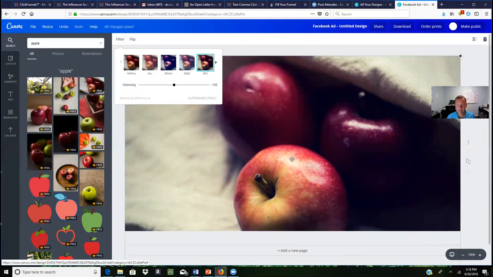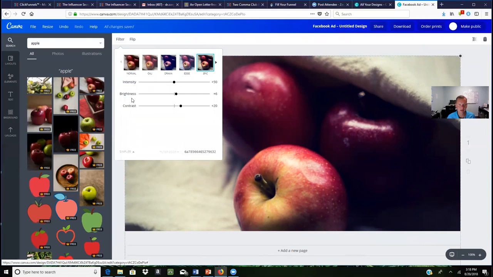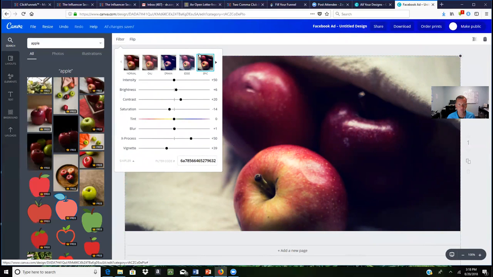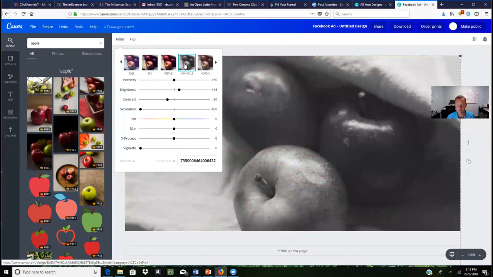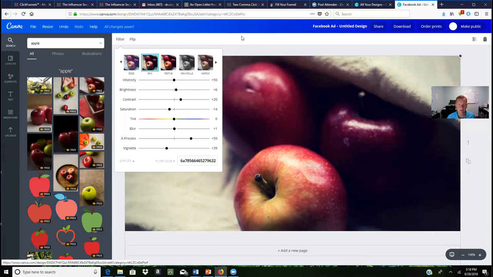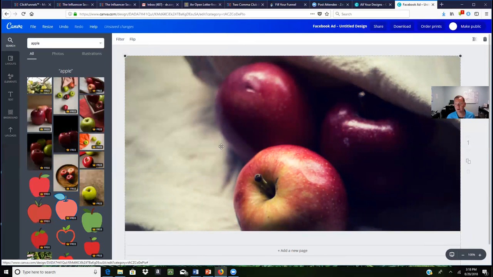So maybe it was something like that, and it's dark, it was different. You can even do advanced options and just change them yourself, or you can pick one of their options. So there's the grayscale. Let's stay with Epic. And so now I've got my image.